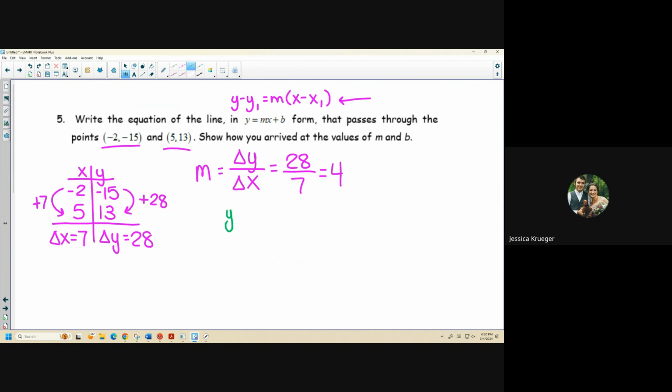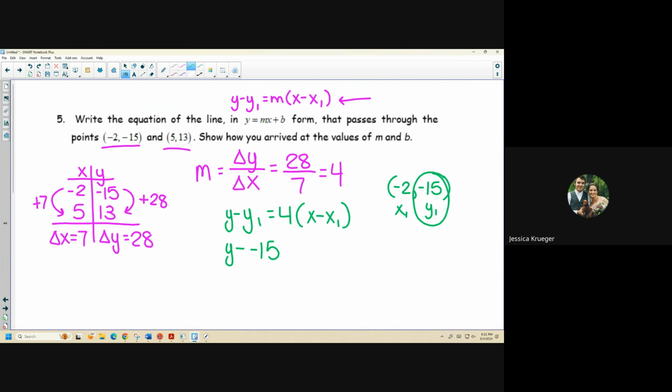So I'm going to have y minus y1 equals 4 times x minus x1. Where am I going to get an x1 and a y1 from? Well, I get to pick either point. So it doesn't matter which one I use. If we use -2, -15, I would strongly encourage you to put x1, y1 underneath them. So this would be y minus y1 is -15.